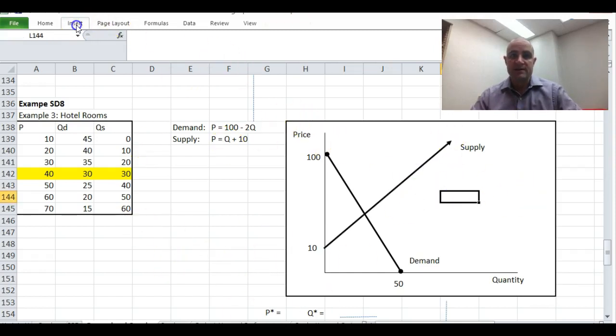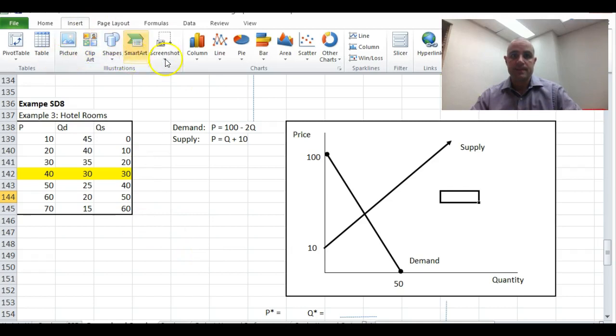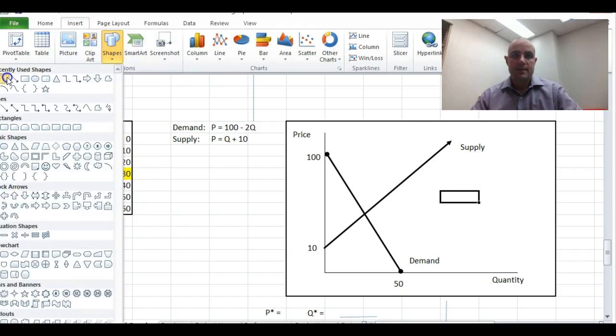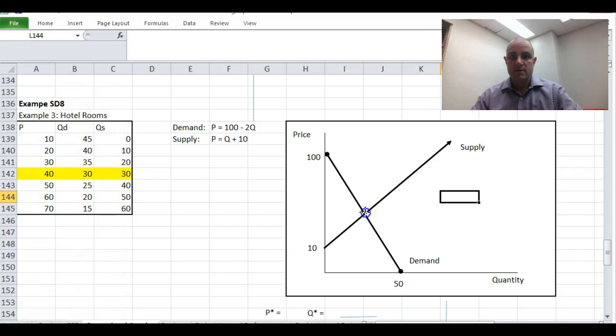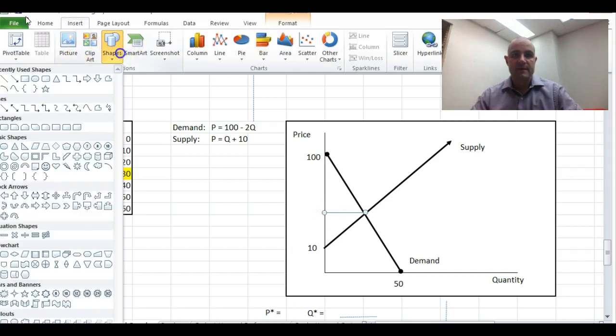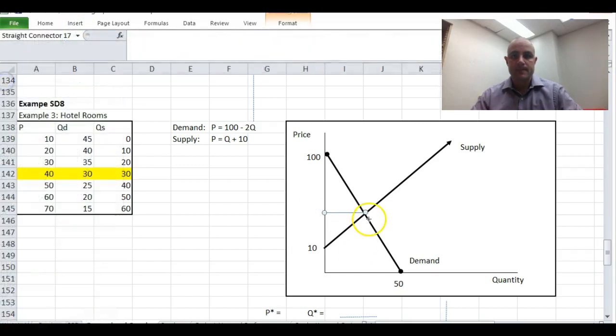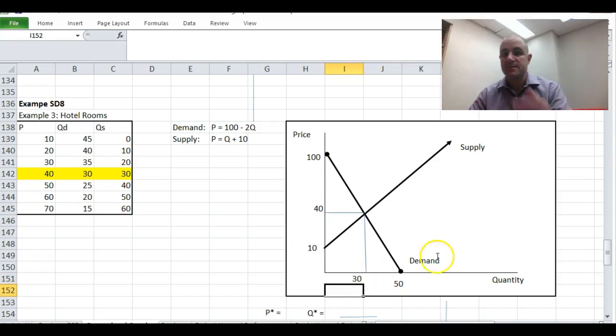So we want to find our equilibrium price and our equilibrium quantity, which is all going to be right here. We already found the price is 40 and the quantity is 30.